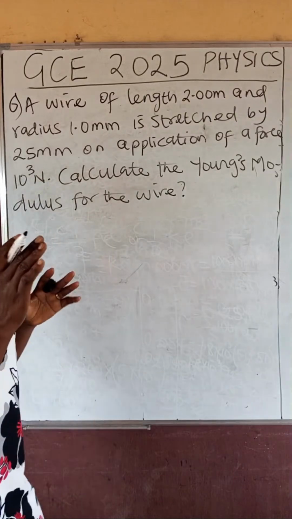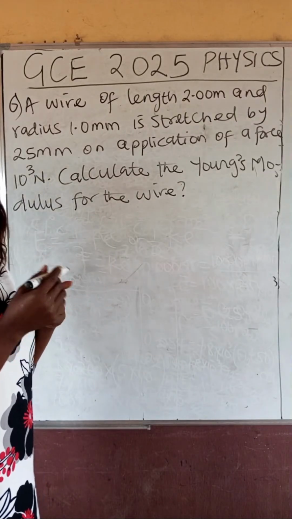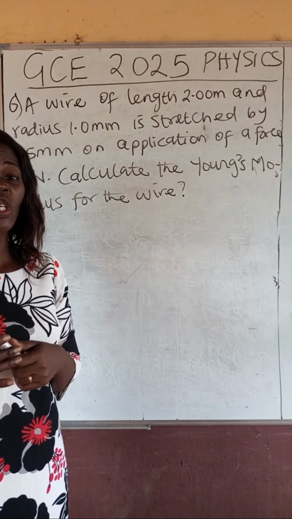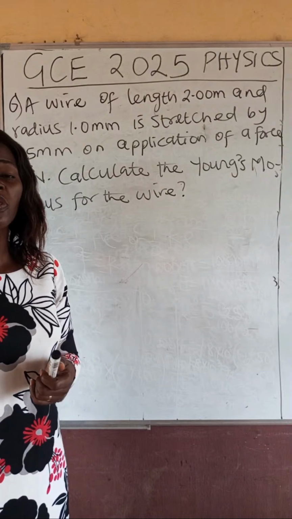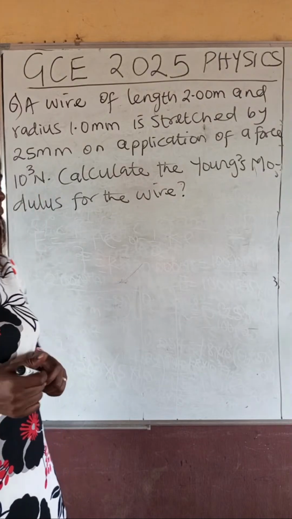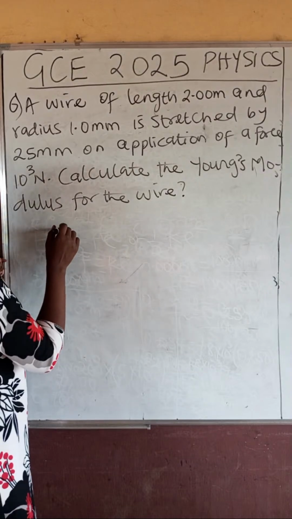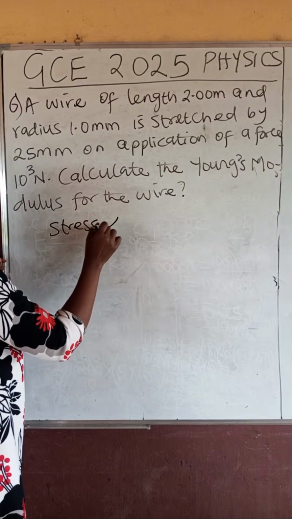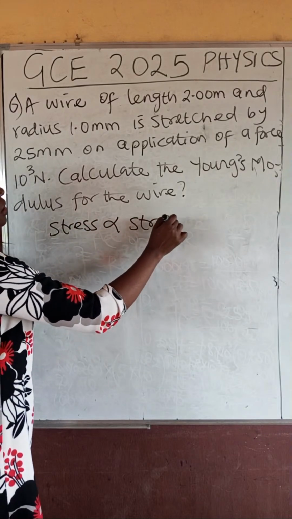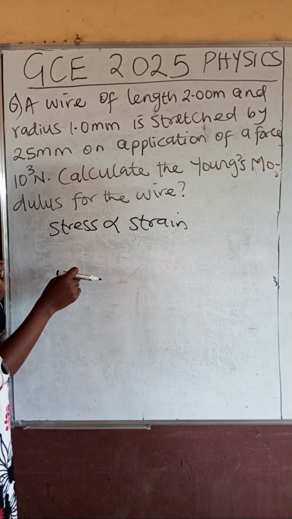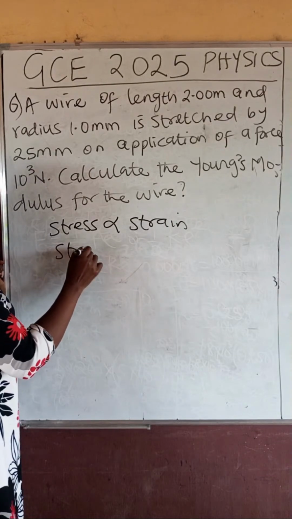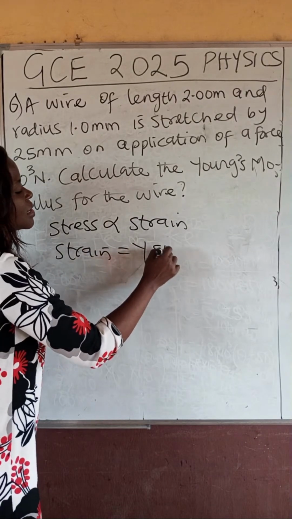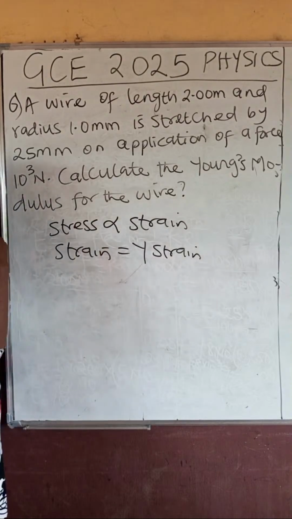Starting from Hooke's law. Hooke's law states that, provided that the elastic limit of an elastic material is not exceeded, stress is proportional to strain. Then stress is equal to a constant times strain.